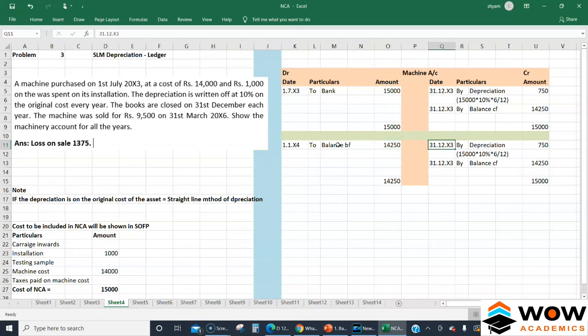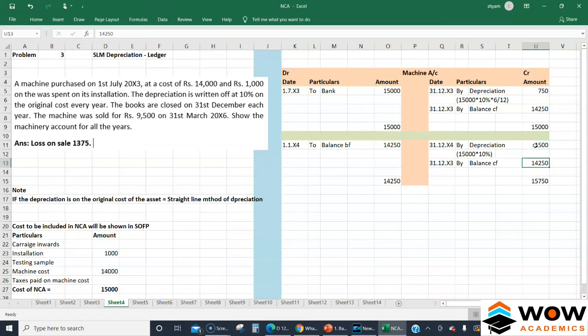And now we have to provide depreciation. So depreciation would be the same 1,500 only, because it's straight line method. So the depreciation would be the same, but it's for a full year. So if it's a full year, it would be 1,500.